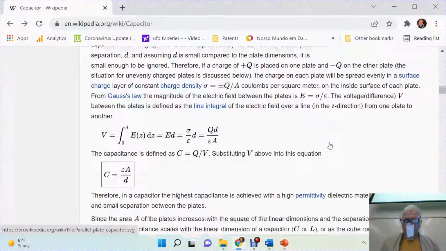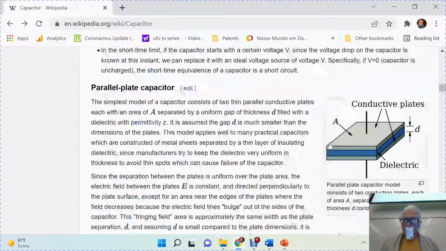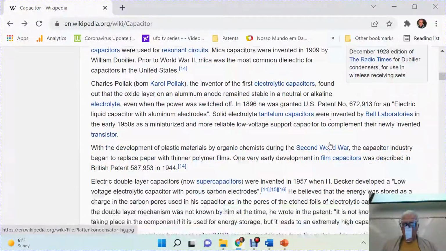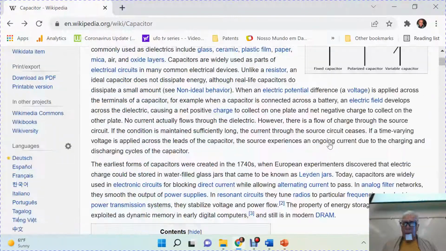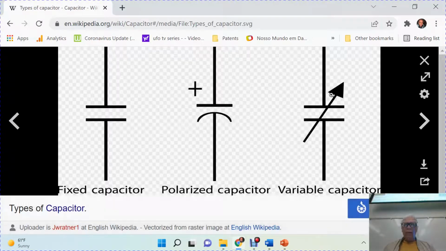Let me see if we have something else here. Oh, and what about this capacitor here? This third symbol here. What does this arrow mean? Do you have an idea what this arrow means? Here you go. That's a variable capacitor. It's a capacitor where you can change the properties of the device.